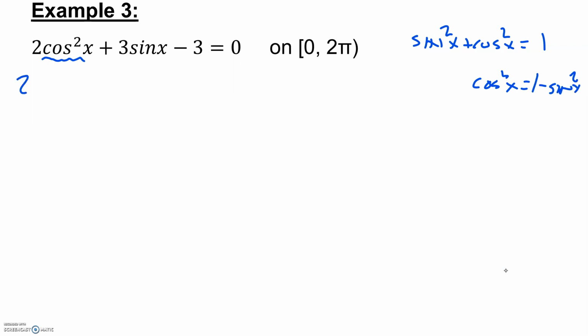So I can replace this cosine squared with 1 minus sine squared, right, using our identity. That way everything's sines. Well, distribute.